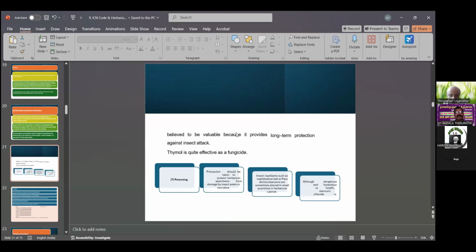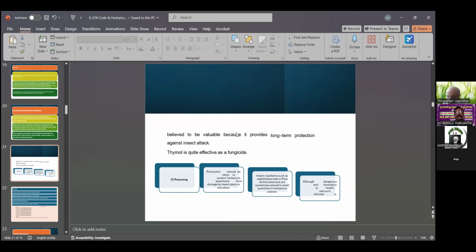These are believed to be valuable because they provide long-term protection against insect attacks. Thymol is a quite effective fungicide.